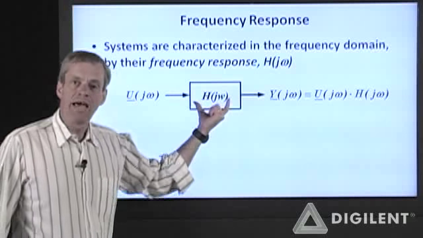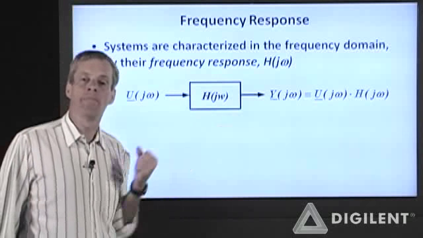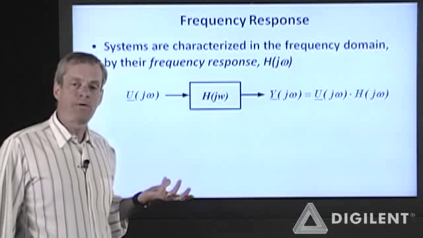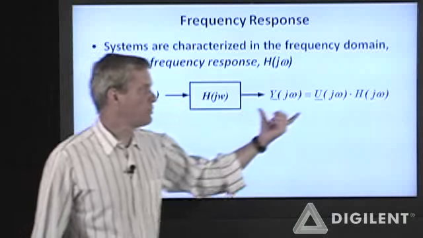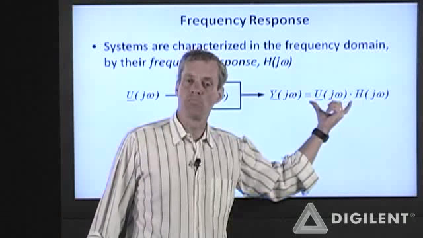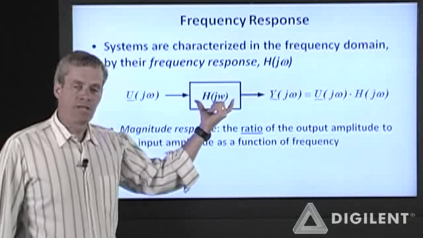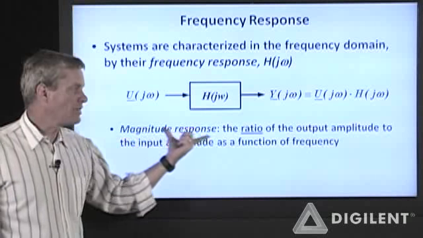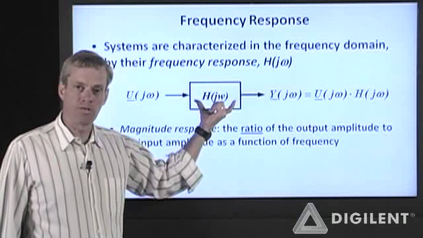Now, H of j omega has essentially two parts since it's a complex number. It has a real part and an imaginary part. However, we typically work in polar coordinates with these types of systems. We mentioned earlier that multiplication is more easily done in polar coordinates. So it's typical to represent H of j omega in terms of its magnitude response, which is the magnitude of this complex number as a function of frequency.